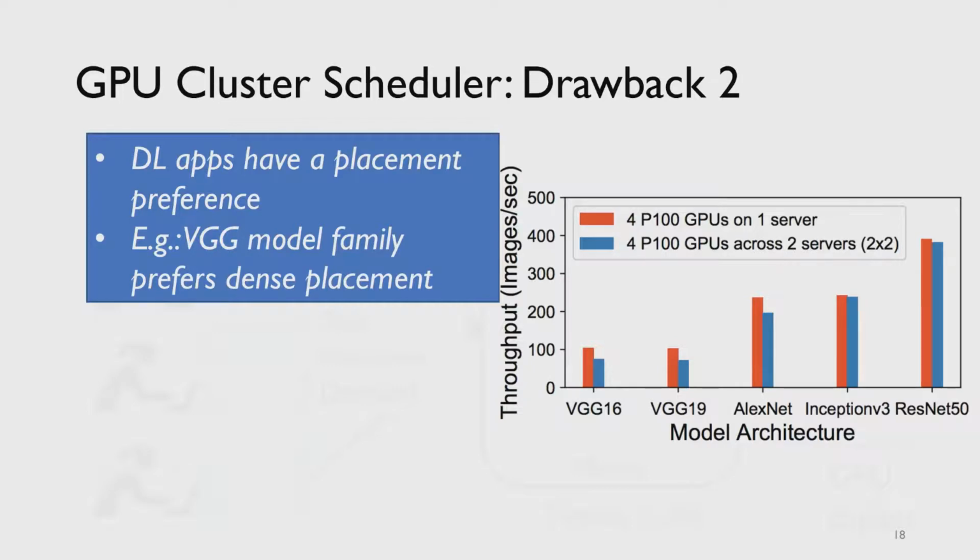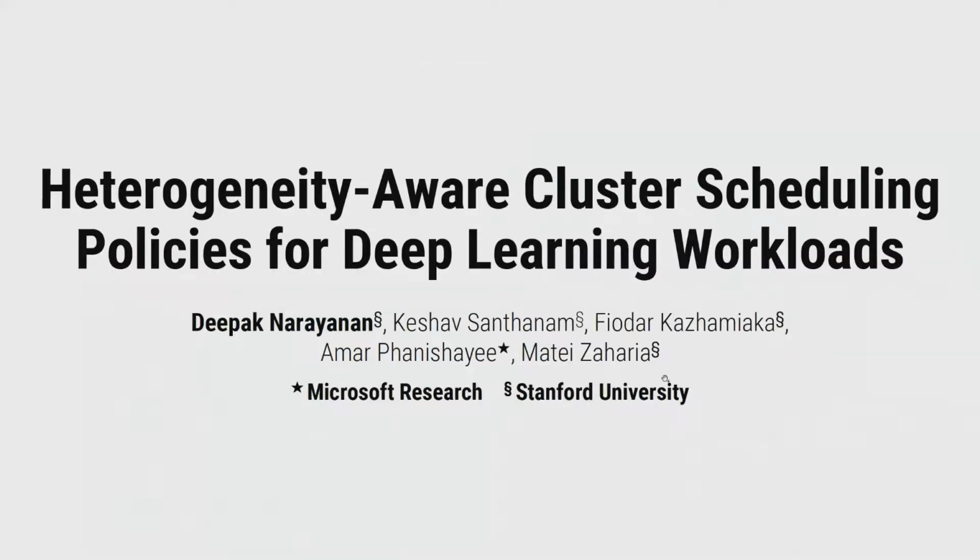Based on their throughput and their requirements for placement, every job will make a bid on the scheduler, and the scheduler picks the best bid and then tries to place them. So I won't cover that in this talk.